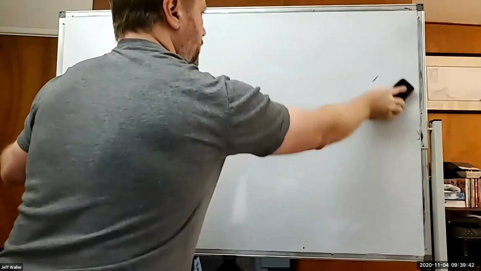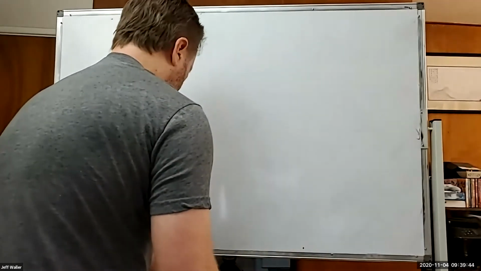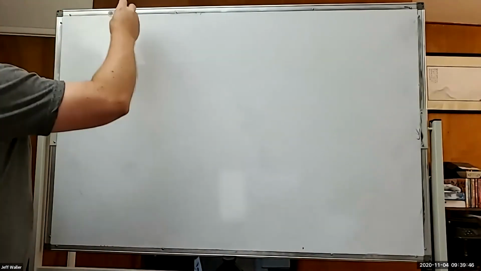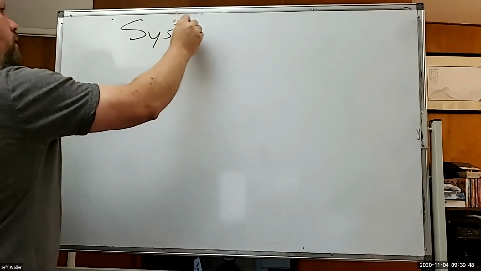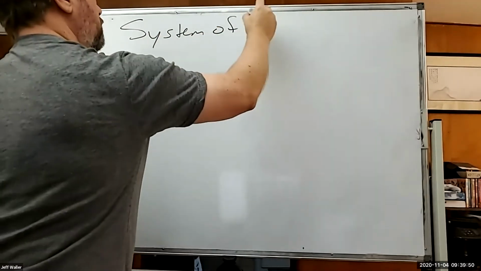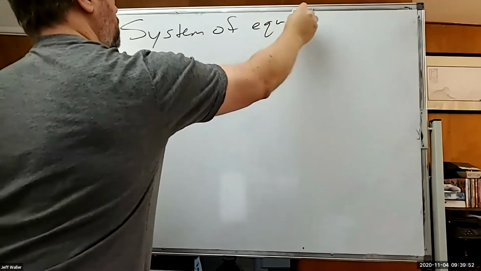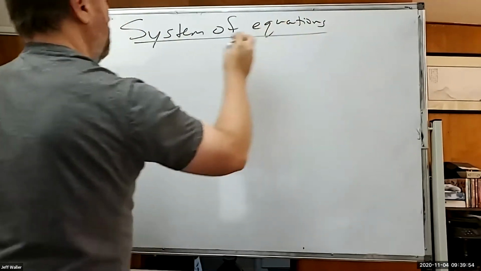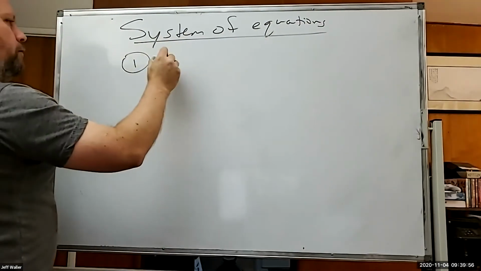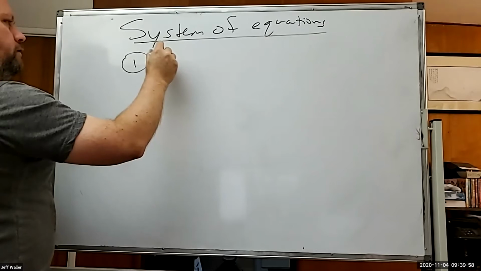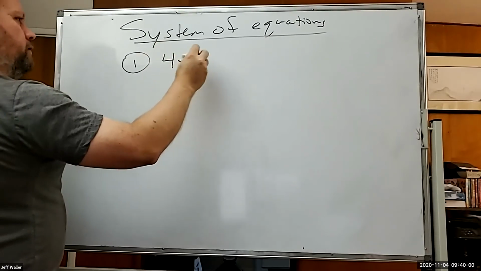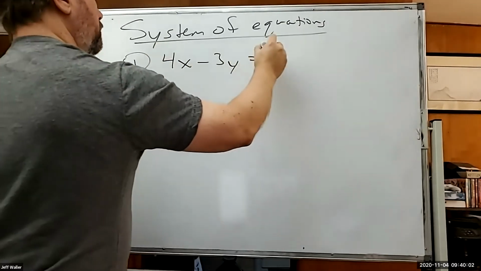So what I mean by that is, watch this. This is kind of neat. What if I had a system of equations that look like this? Let's do 4x minus 3y equals 2.